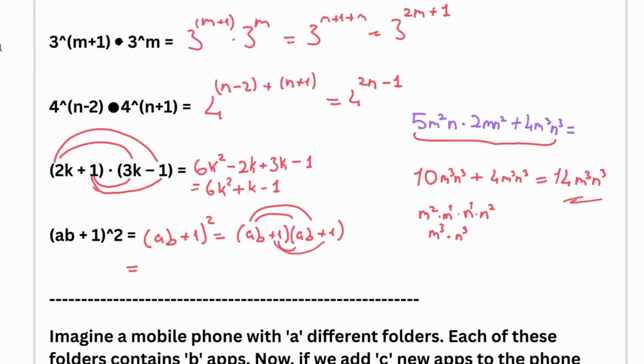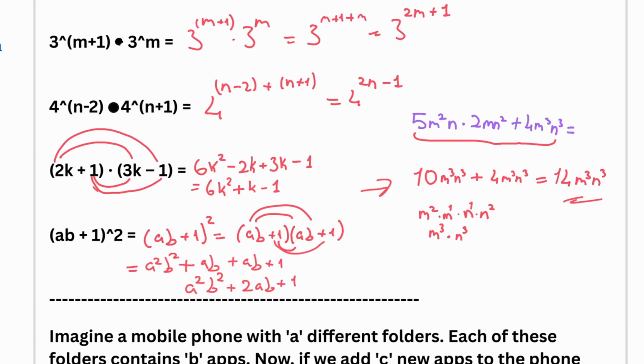Which would give us ab times ab would be a squared b squared, right? Remember from this example, ab times 1 would be plus ab, ab times 1 would be plus ab again, and 1 times 1 would be 1. If we combine the like terms, the final answer is a squared b squared plus 2ab plus 1.